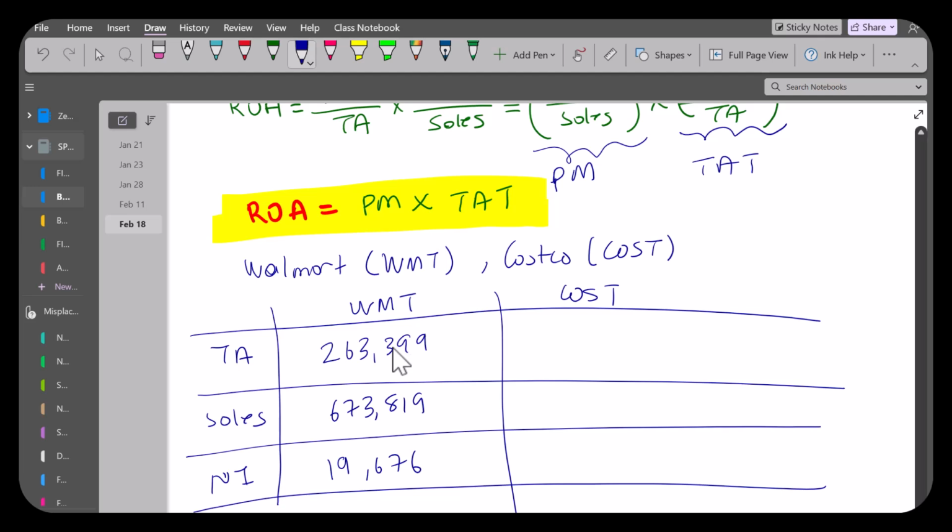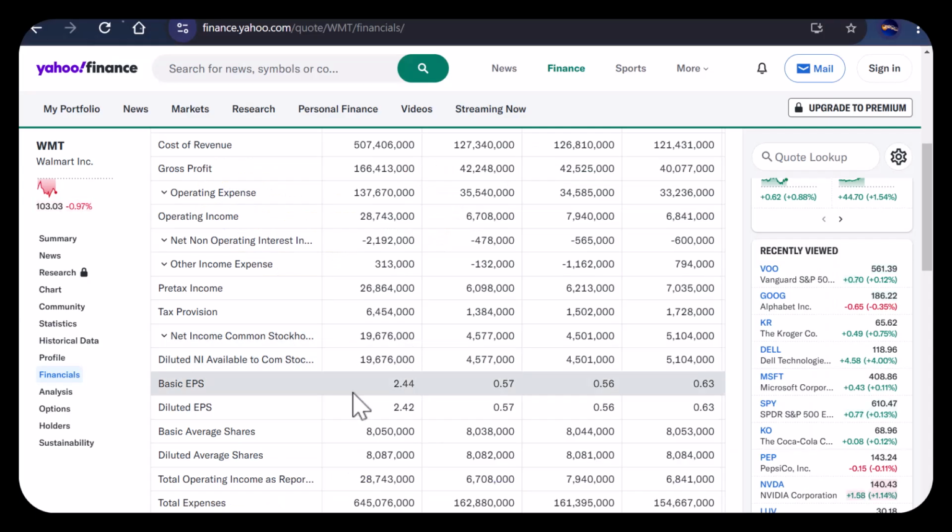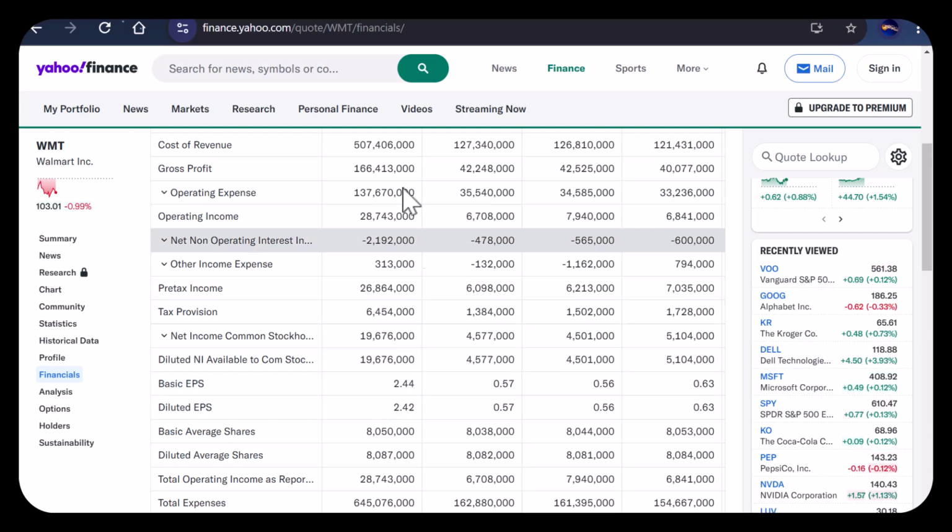Okay. Now we're going to look at the same numbers for Costco. Why am I keeping that too far away from me? That sounded like a police song.